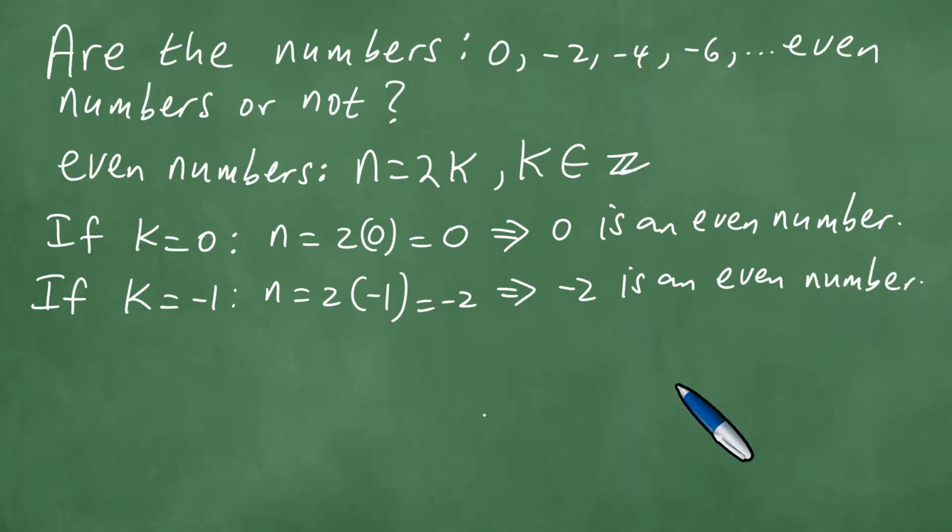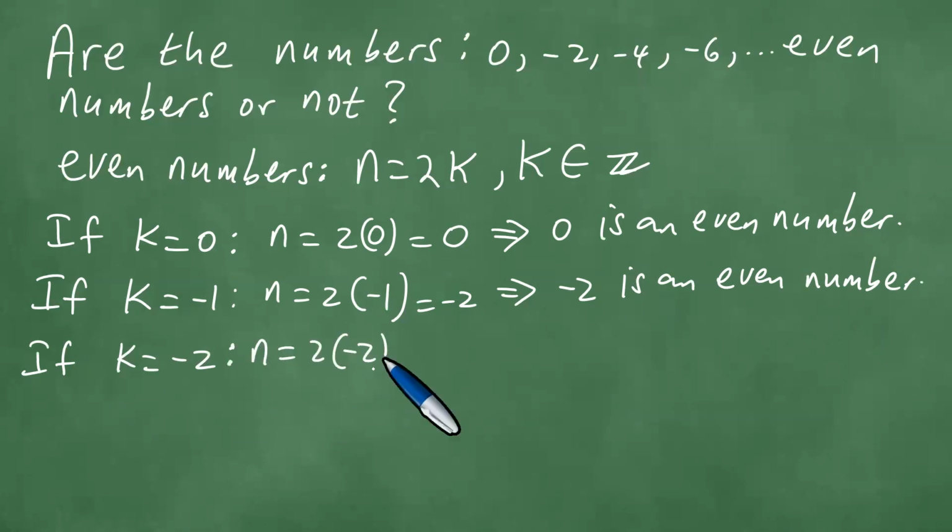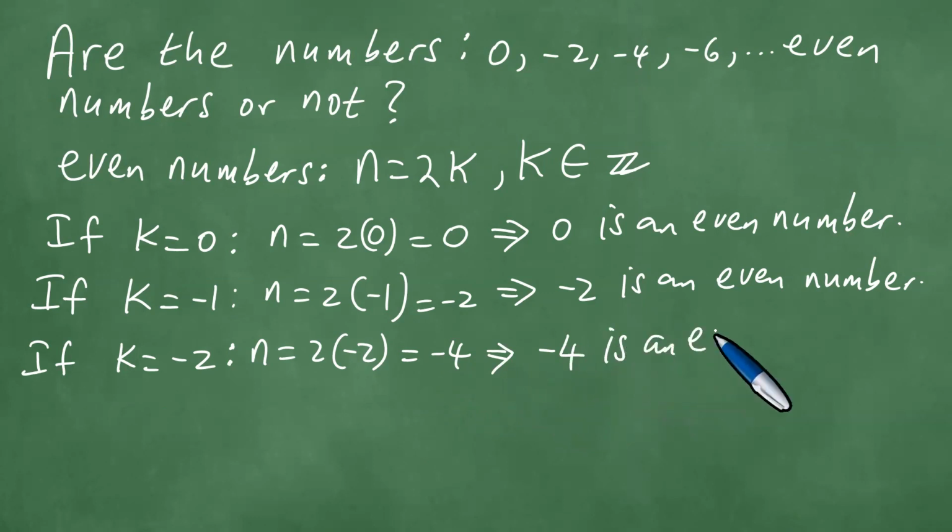Okay, now we proceed. Also, if k is -2, we get -4, and that means that -4 is an even number.